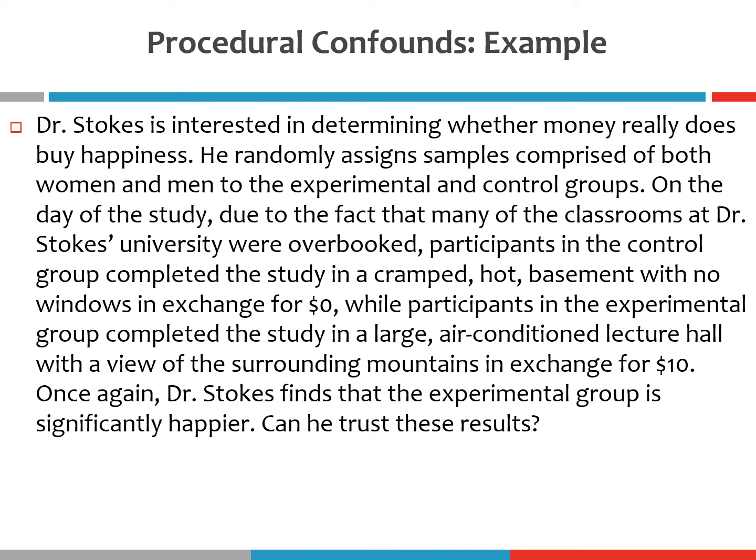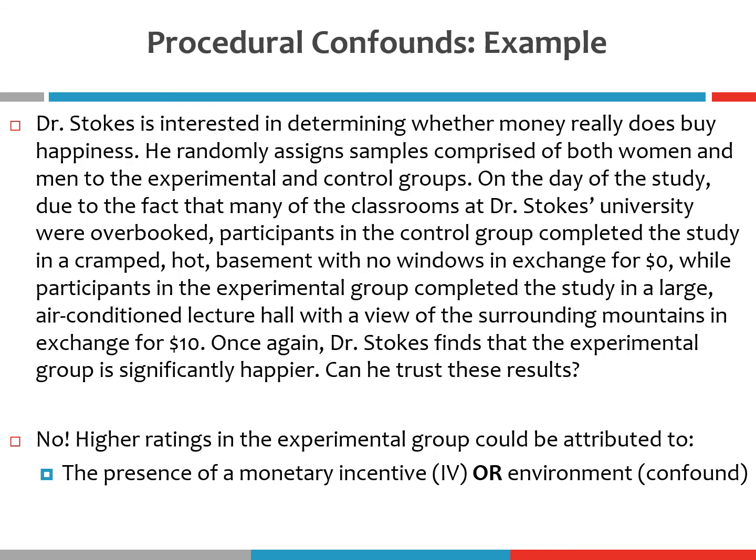Okay, so can he trust these results? No, he cannot, right? Because higher ratings of happiness in the experimental group could be attributed to the money, so the $10, the monetary incentive, or the environment, right?